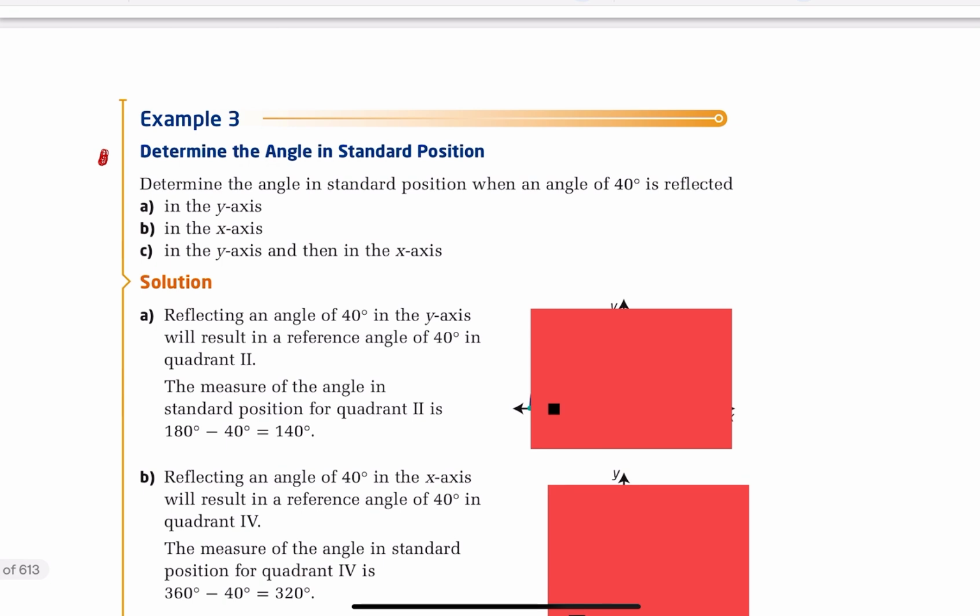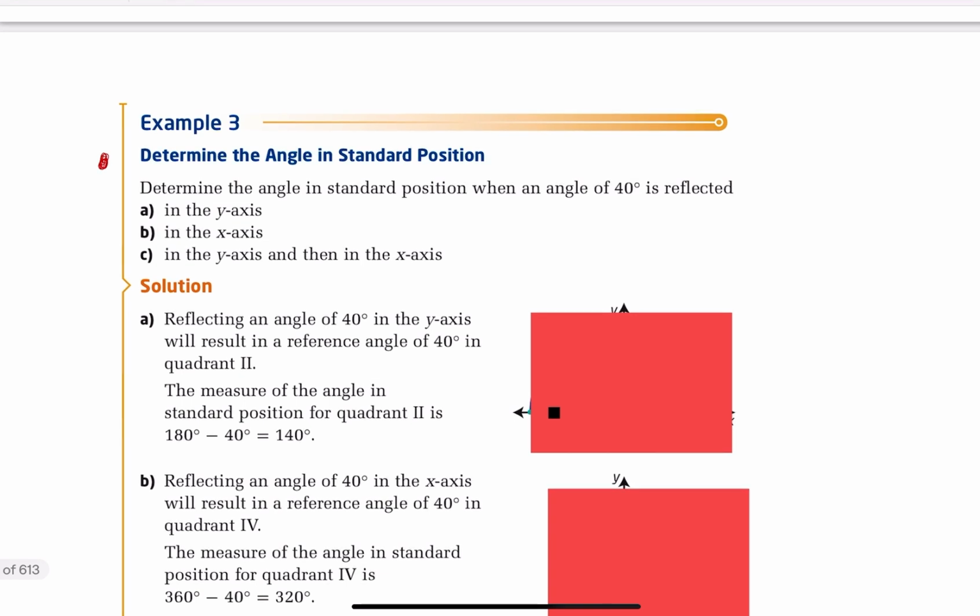Okay, determine the angle in standard position when an angle of 40 is reflected. In this case, they are asking you to find, you have one angle of 40° like this.